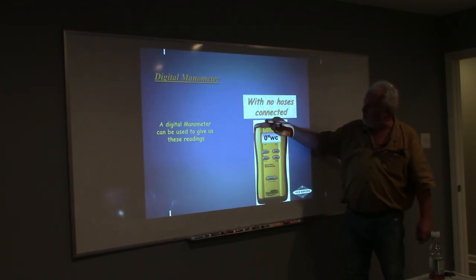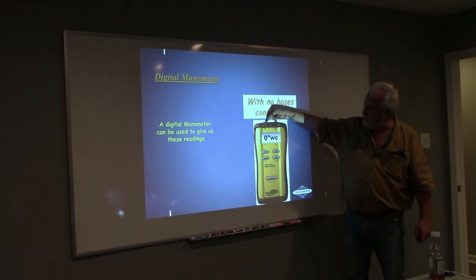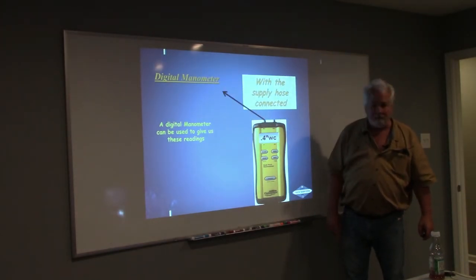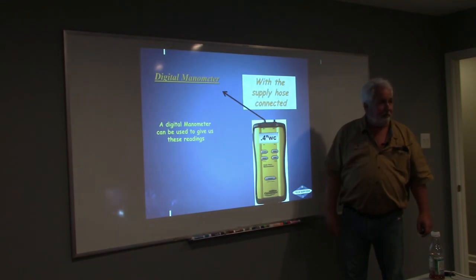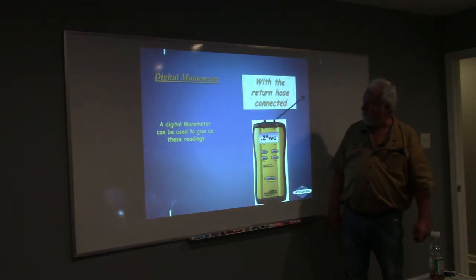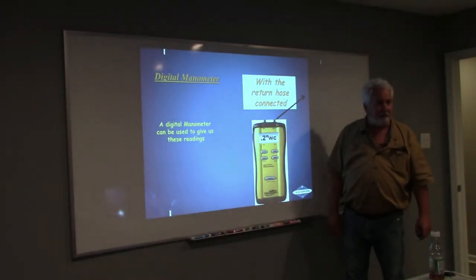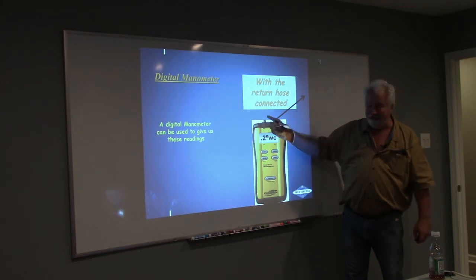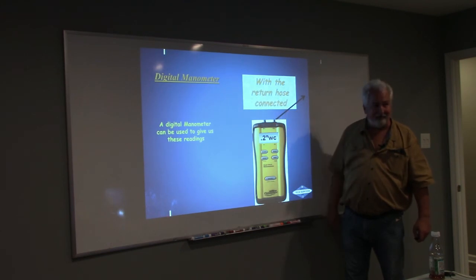If I take one pressure port and hook my hose onto it and put it into the supply plenum, it would read 0.4 inches of water column. If I took the other hose and stuck it into the return, it would read 0.2 inches of water column. Okay, here's the tricky part. If I put both hoses in at the same time, one in the supply and one in the return, what am I going to get?